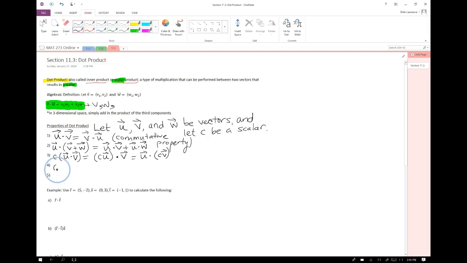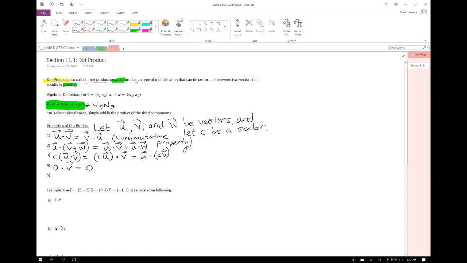We also have a zero element in our collection of vectors. So if we try to do a dot product between 0 and any vector, 0 just means we have a vector that has all 0 components. We will always get 0 because anytime we multiply by 0, those individual products will be 0, and then we add a bunch of zeros together, we get 0.